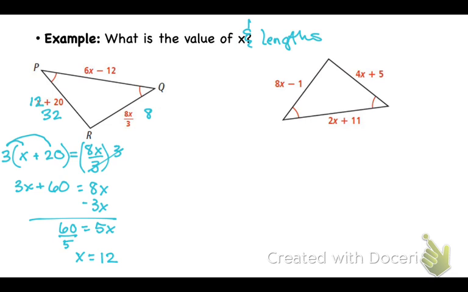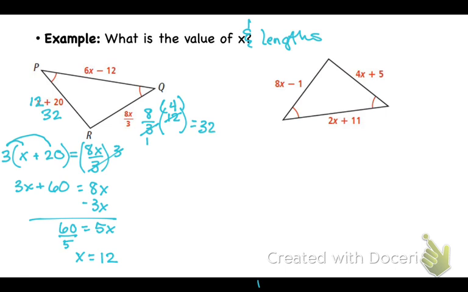So I got 8/3 times 12, and that 12 is over 1. Does 3 go into 12? Yes, 4 times. So the 3 becomes a 1 and the 12 becomes a 4. And what is 8 times 4? 32. Is that what it was supposed to equal? Yes.